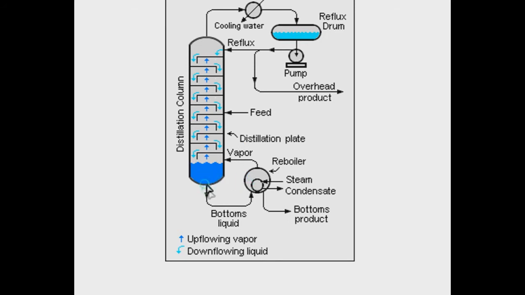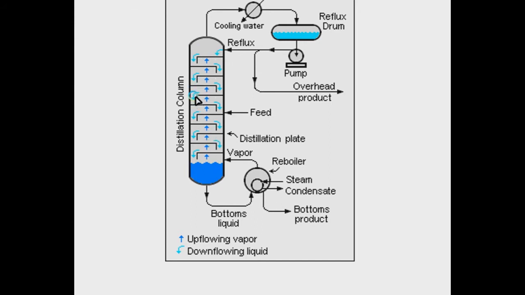In the reboiler, the bottom liquid goes and it is boiled at its boiling point. For example, if we have methane or ethane or even water, it is boiled at its boiling point inside the reboiler. So the vapor that forms rises up through the upcomers, with downflow in the downcomers for the liquids.